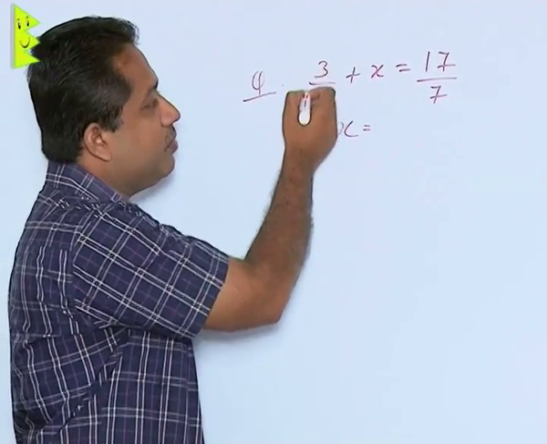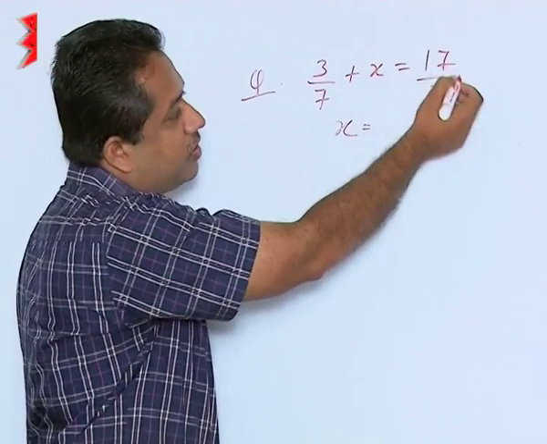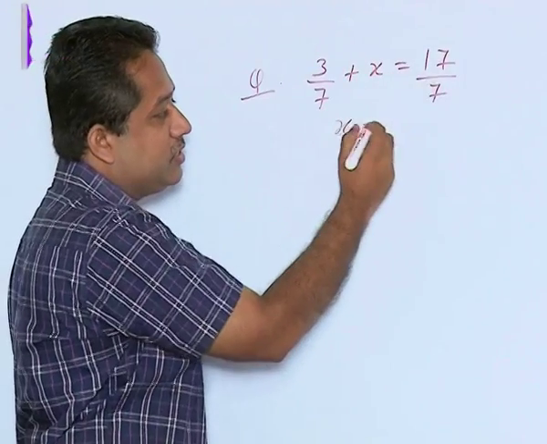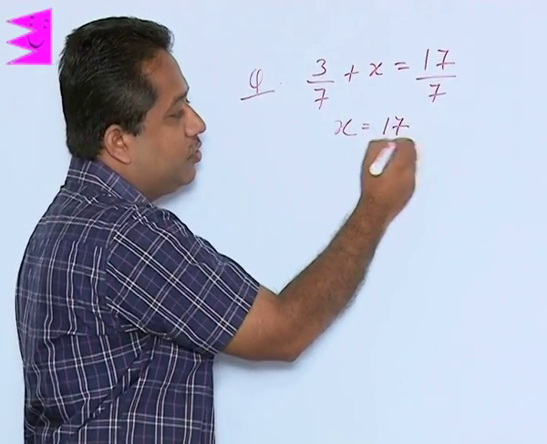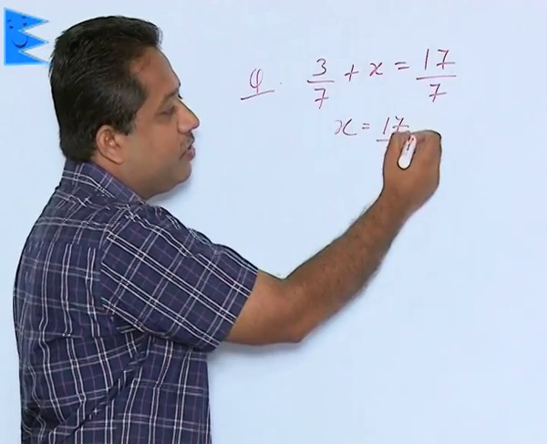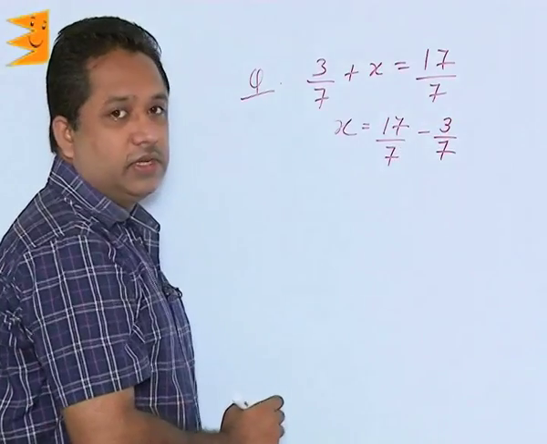Now, if you observe 3 by 7, this is a positive number. So, when the positive number is shifted to the other side, the sign of plus will change to minus. Therefore, this will be 17 upon 7 as it is, and this 3 by 7 will be shifted to the right side, it is going to become minus 3 upon 7.